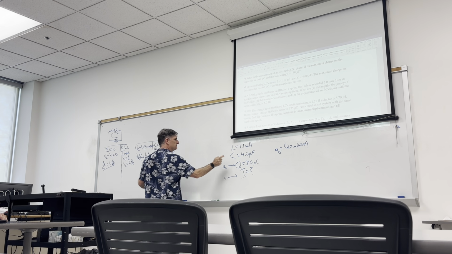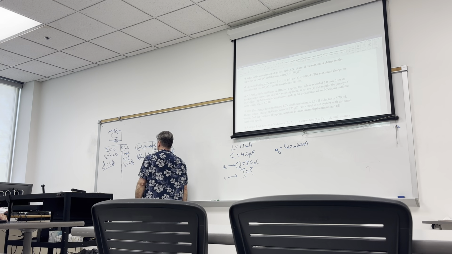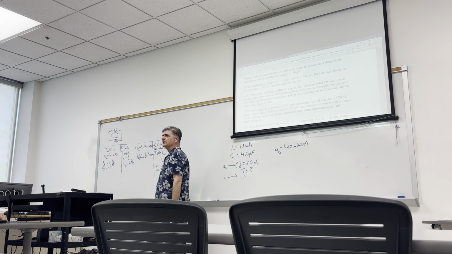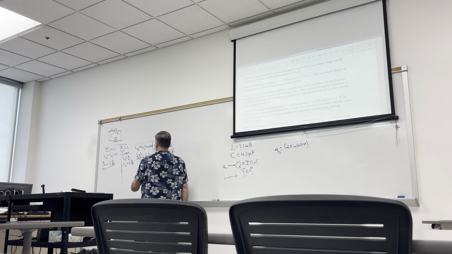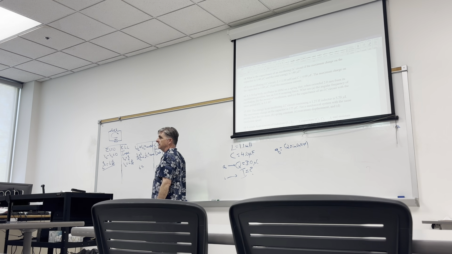We are given Q max equals 3 microcoulombs. What's the consequence of Q being a maximum? That means it's got all the energy it can have, right? The implication is that i equals what? Not just a constant. 0.